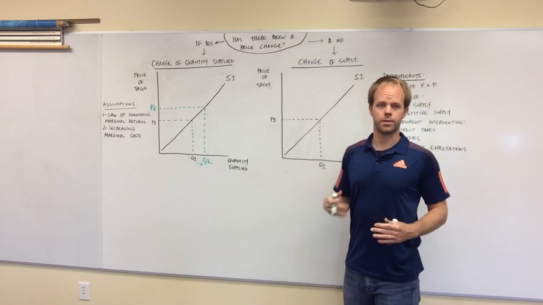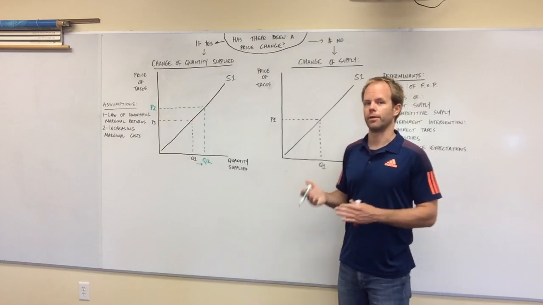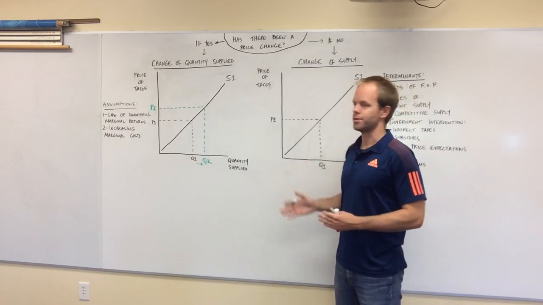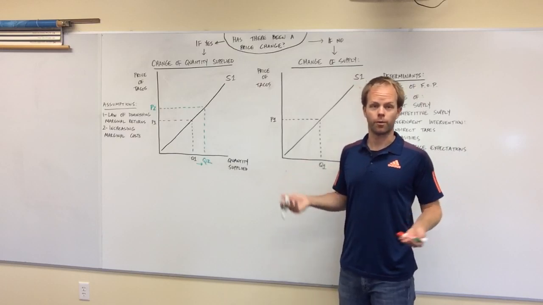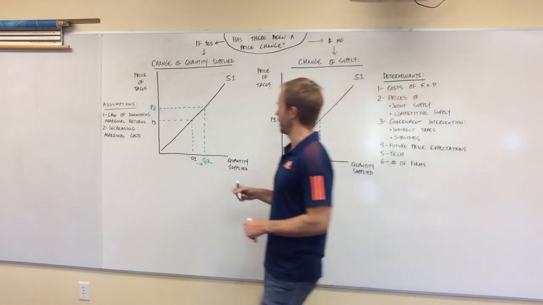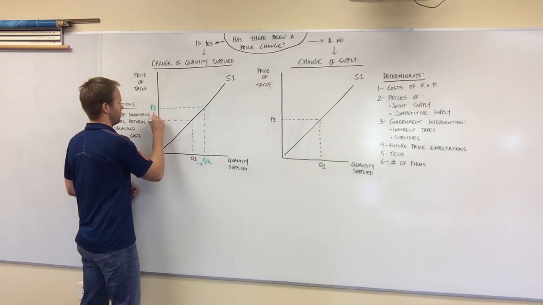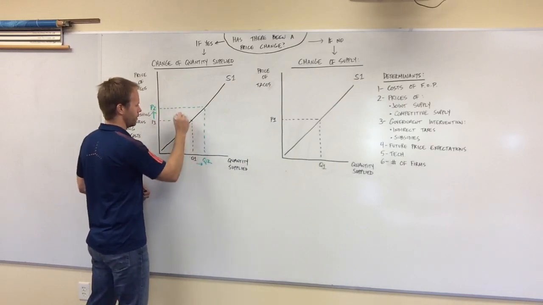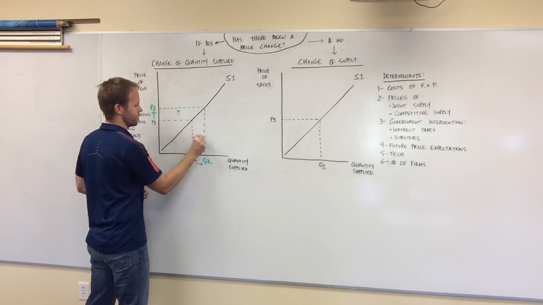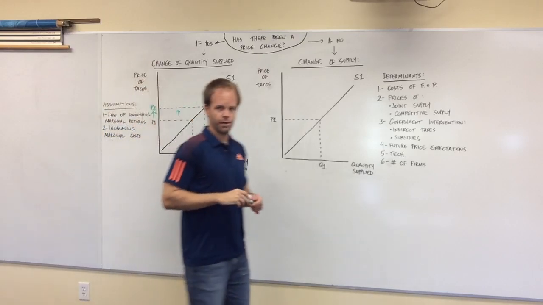Businesses want to sell things that have a higher price, and the reason is simple: they can make more revenue that way. They can cover their diminishing marginal returns, and they can cover their increasing marginal cost. I'm going to put some arrows on there to show a shift.